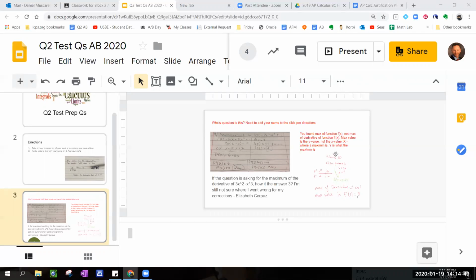Does anybody have any idea on that one? Yeah, very good. Who typed that? Aditi, yes. So you're going to find absolute maxes and mins.